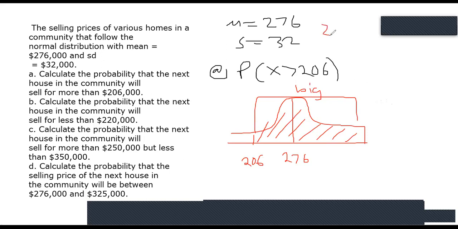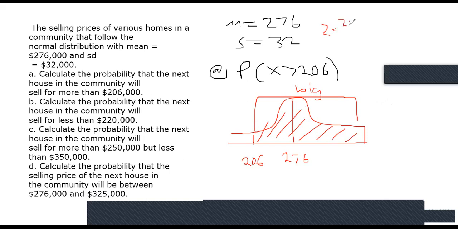So let's standardize the 206. How do you standardize it? 206 minus 276, divided by 32.